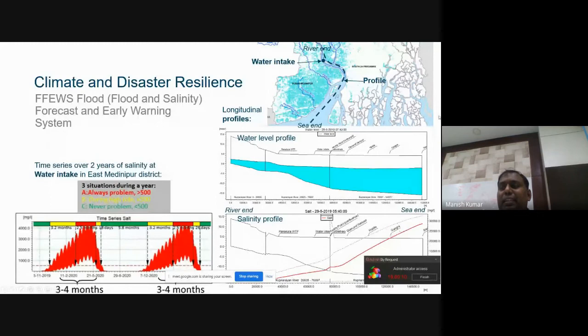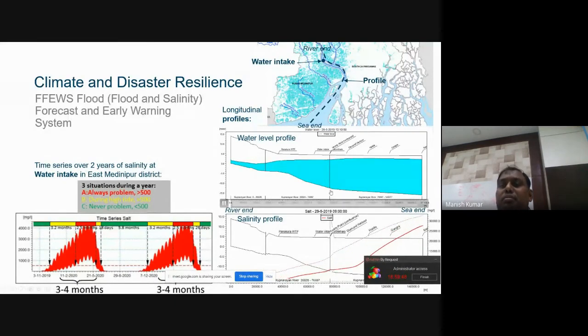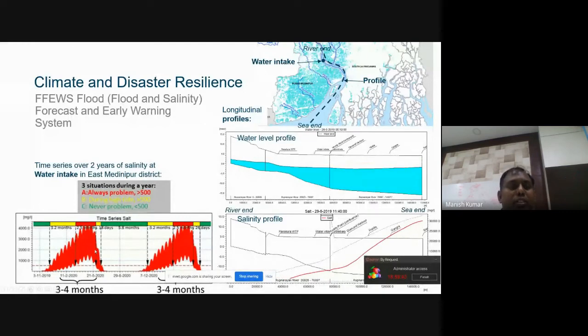If you see, as you go away from the sea, the salinity decreases, and at the river intake point, some periods you have salinity above critical, and sometimes you have salinity below the critical level. Almost in a year, you can see that for 5 to 8 months, salinity is below the critical level, and it can easily take water for the supply purpose.